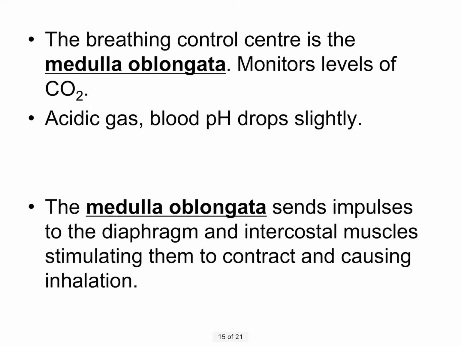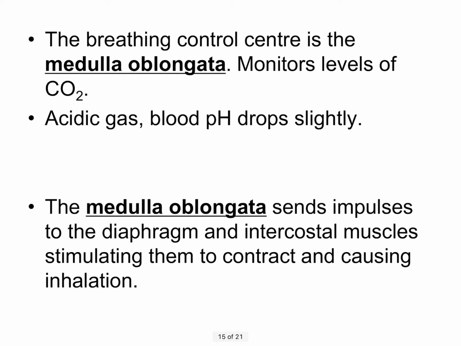Breathing is controlled by the medulla oblongata, so watch that now, the breathing rate. The medulla oblongata will monitor levels of carbon dioxide, and you know that carbon dioxide is an acidic gas. If there's more carbon dioxide in your bloodstream, this dissolves in the plasma of your blood and becomes carbonic acid. So the blood pH drops as you're making carbonic acid.